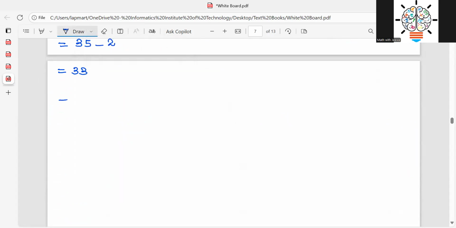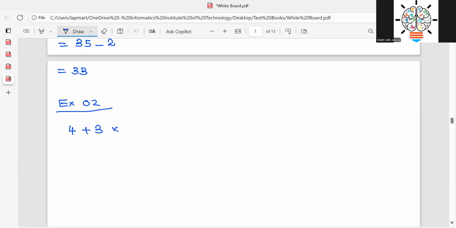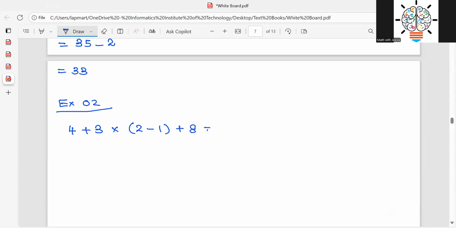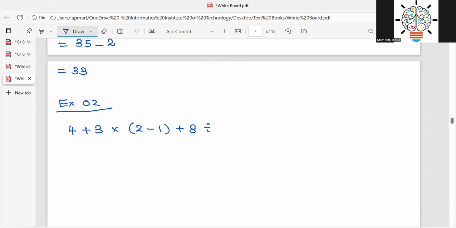Example 2, right? 4 plus 3, multiplied by 2 minus 1, plus 8, divided by 9 minus 2. Now here I have two brackets.